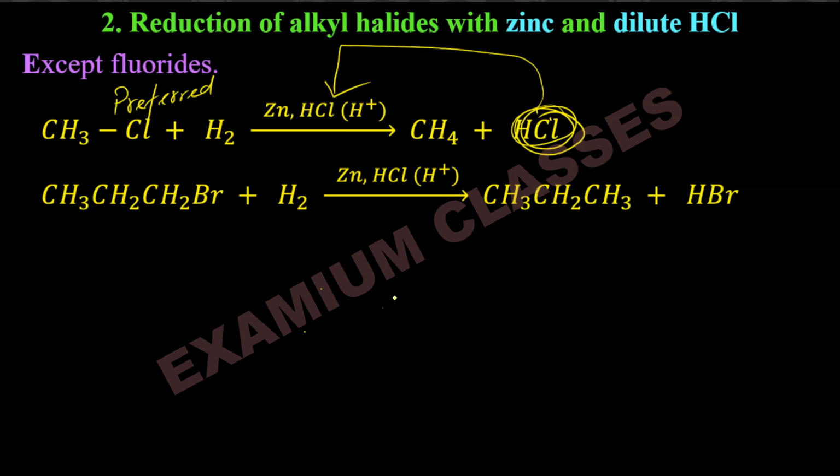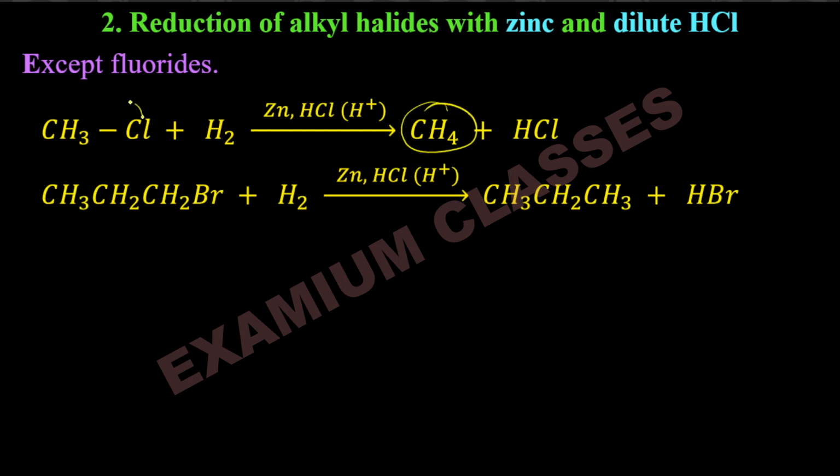The question is asked that during production of alkanes from alkyl halide, reduction of alkyl halide, why the rate of reaction initially is very slow and then it accelerates? The reason is very simple, because initially we don't have HCl, okay, in great amount. It is not available there and there is no need.